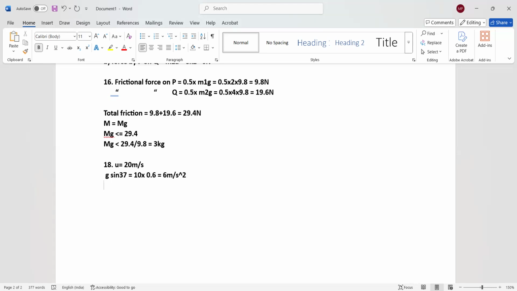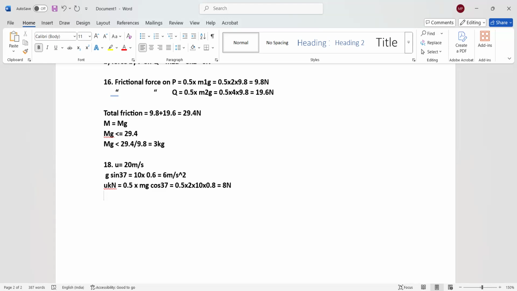Now force due to friction, that is mu N. Mu N is equal to 0.5 into mg cos 37, which is equal to 0.5 into 2 into 10 into 0.8, equal to 8 Newton.